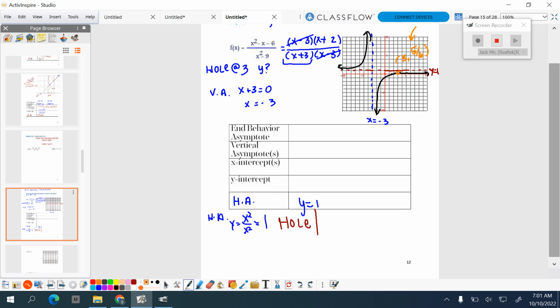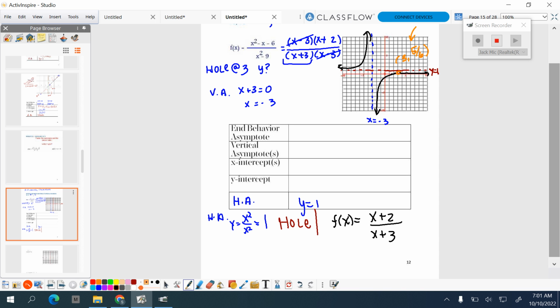So how did I get my hole? So if you look, after I canceled, what is left over? I have f of x equals x plus 2 over x plus 3. Now, typically when we have vertical asymptotes, we set whatever's left in the bottom equals 0.